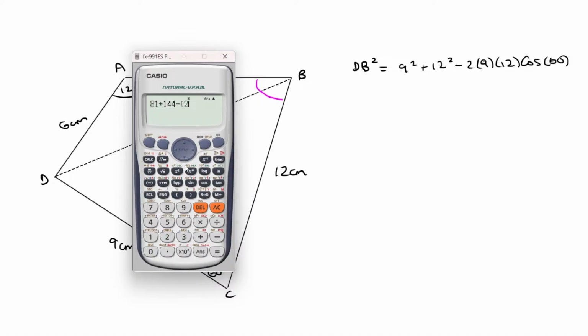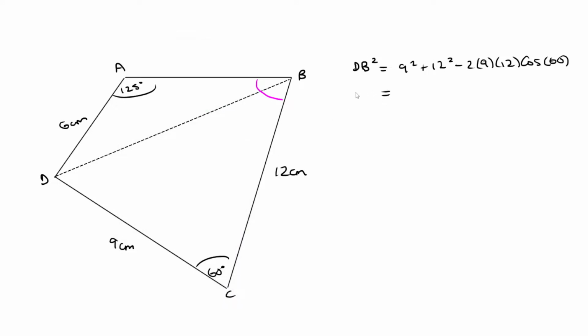Minus 2 times 9 times 12 times cos 60. All right, and then square root that. Well, I guess you get 3 root 13. I'm not going to write the decimals, but it's about 10.8. But 3 root 13, let's write that as DB, just to keep it as an exact number for now, because it's obviously not the final answer.